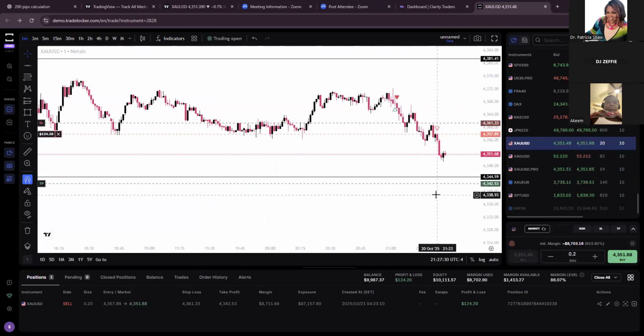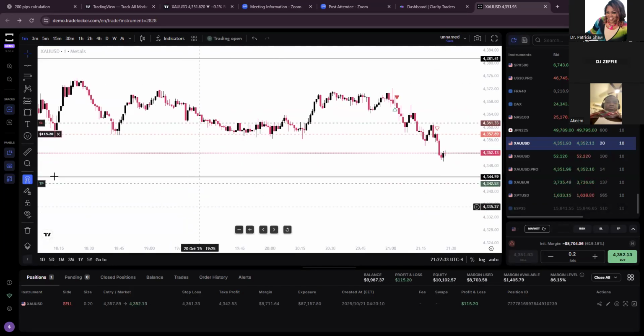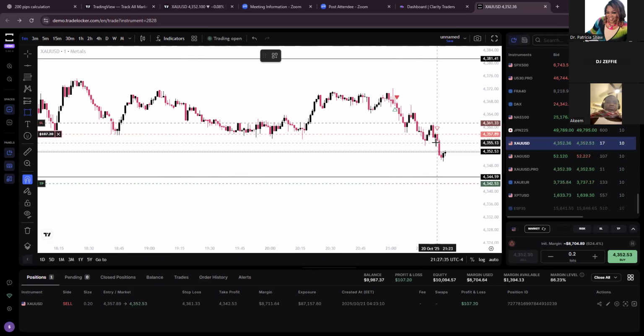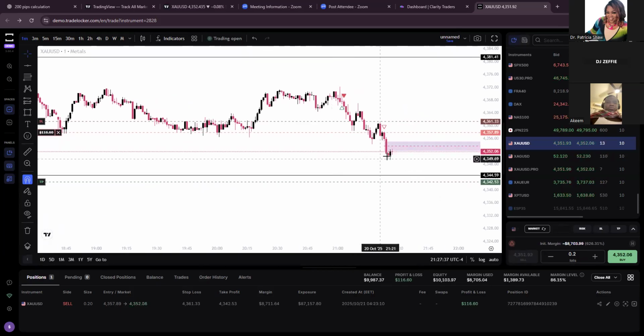All right, so we got another gap here. We'll see if price comes back into here and continues lower. If we do, then I'll move my stop loss into profit.